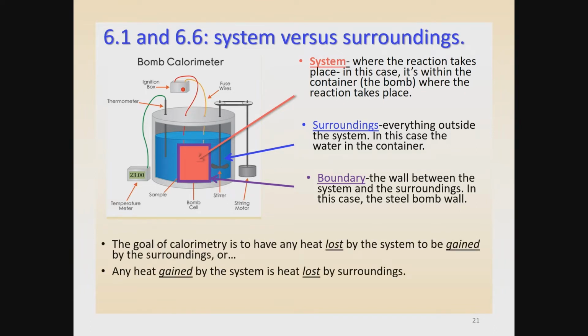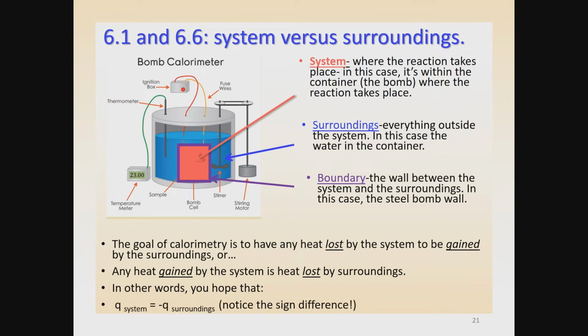So again, the major goal is to make sure that any heat of a chemical reaction that is produced by the system will go out into the surroundings and be completely absorbed by the surroundings. So again, we want to make sure that the amount of joules lost by the system is exactly the same as the number of joules picked up by the surroundings, or absorbed in the water in this case.